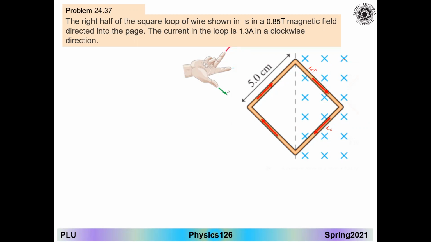On the first one here, the magnetic force is directed upward at a certain angle. Similarly, for the bottom one, we find the magnetic force going in this direction.